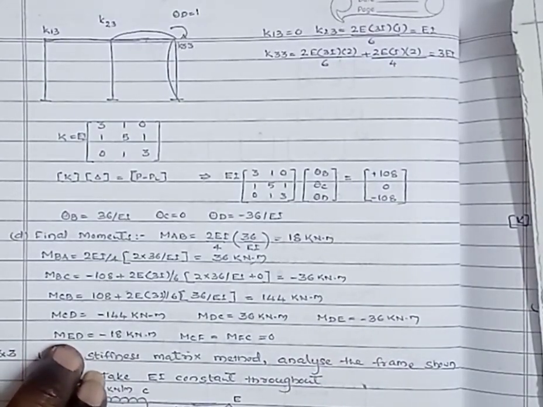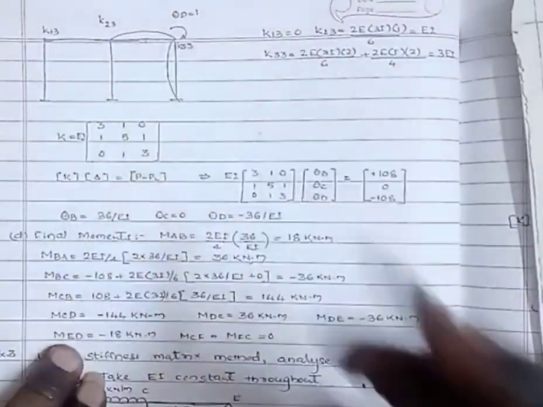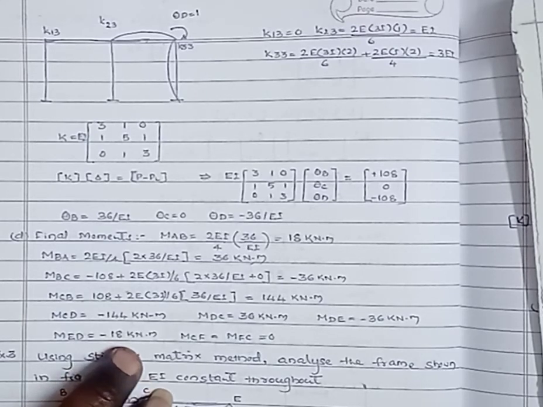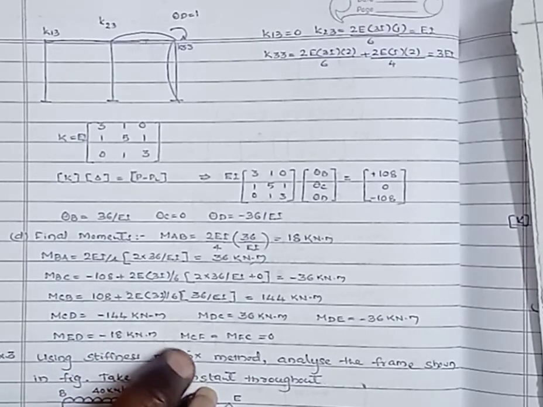Then MED, the fixed end moment is 0 plus 2EI by 4 inside the bracket 2 theta E, which is 0, plus 1 times theta D, that is minus 36, so minus 18 kilonewton meter after simplification.